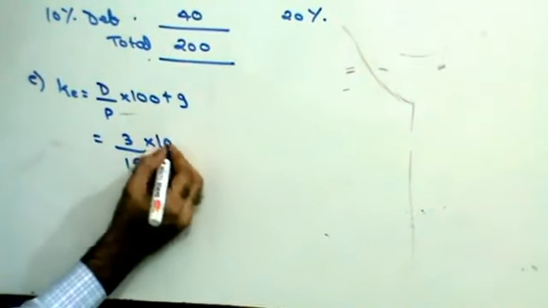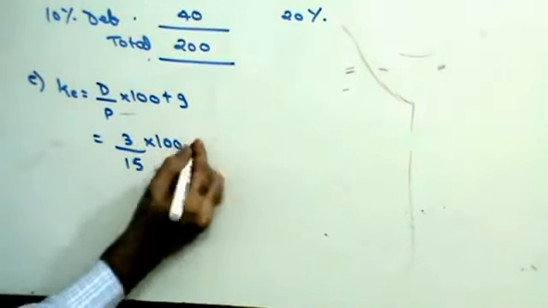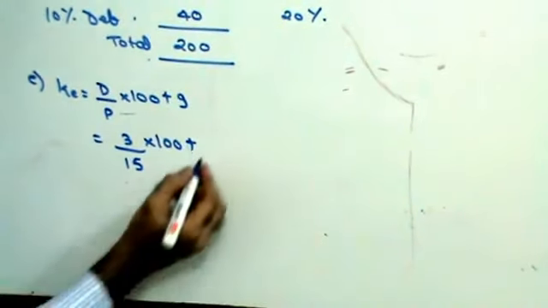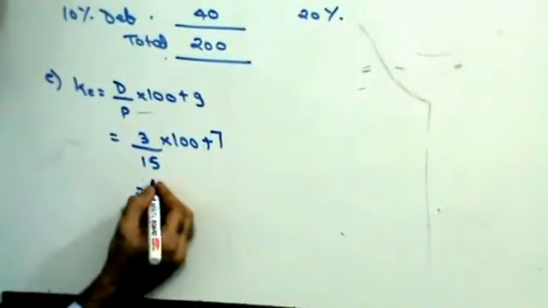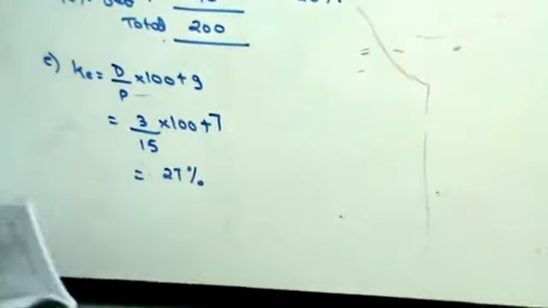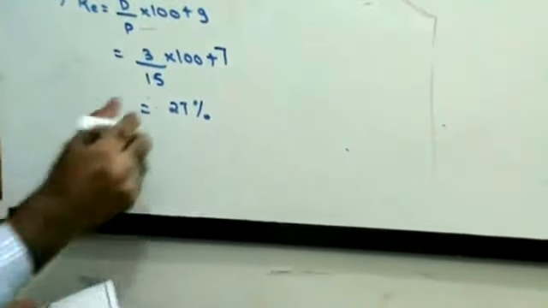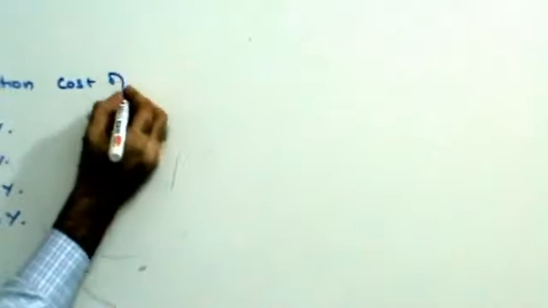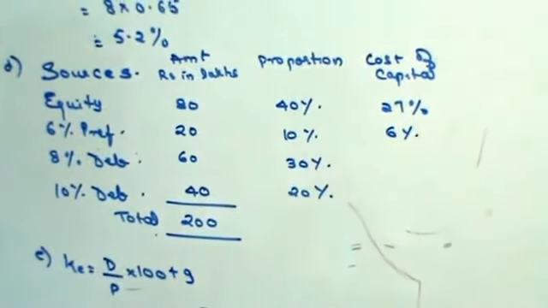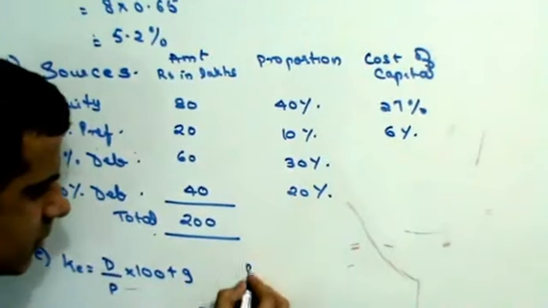Market price will fall to 15 rupees plus the growth will remain unchanged. So growth was 7%. So this is 1 upon 5, 27%. So your cost of capital will be 27%, 6% preference shares as it is, 8% debentures.